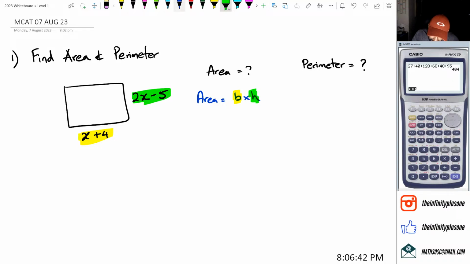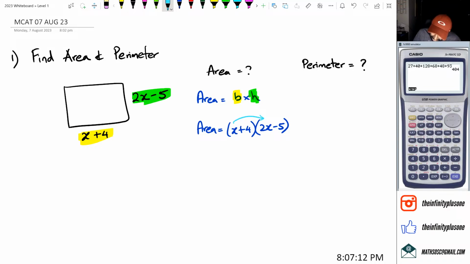So I've got area is equal to x plus 4 multiplied by 2x minus 5. At this point, you have to expand these brackets as a quadratic, and you have to simplify it.